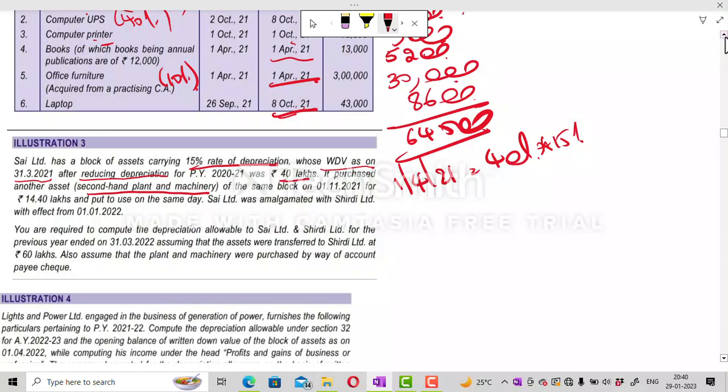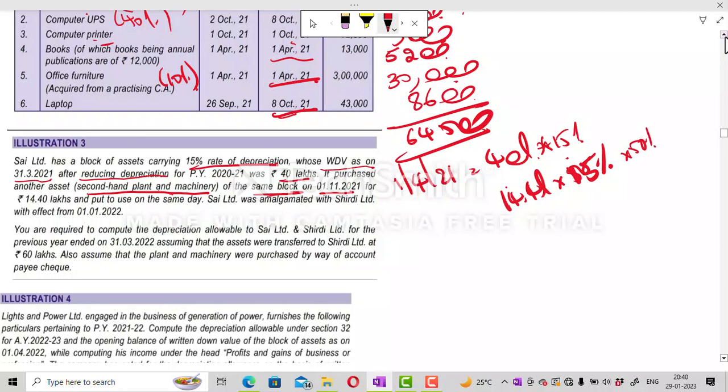See, this is second hand machinery, so additional depreciation is not available for that, and it belongs to the same block. They said same block means 15% rate of depreciation. So 14.4 lakhs into 15% depreciation, and put to use on 1/11/21 means after 3rd October, at 50% we need to charge the depreciation.